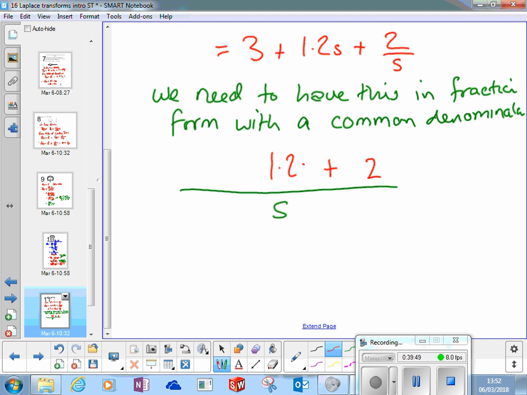Square it, yeah. 1.2s squared. Yeah, these work. But it's got to be a perfect square in the end. Not next week, the week after maybe. Right? Yeah?